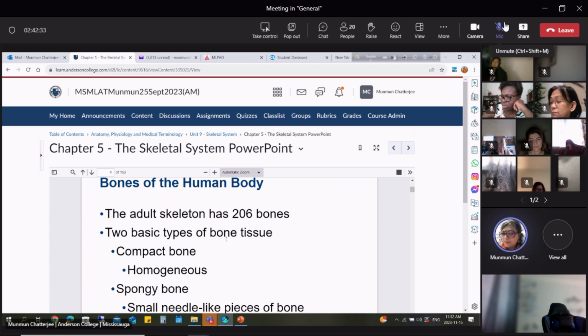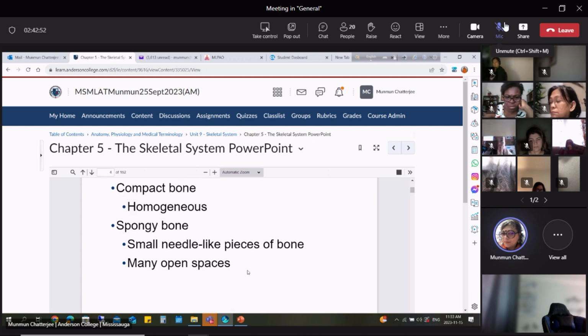What are the two basic types of bone tissue? They are compact bone and spongy bone. Compact means homogeneous and hard. And spongy, you understand, has small needle-like processes. When you break the bones, you can see inside there are small needle-like processes in the bone. So it has more open spaces, because the bone marrow lies in the spongy bone inside.